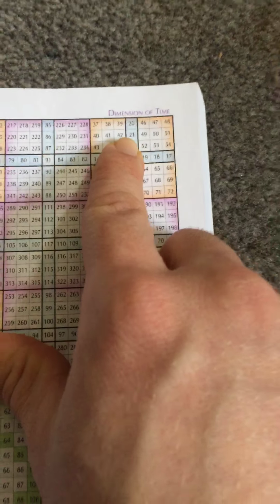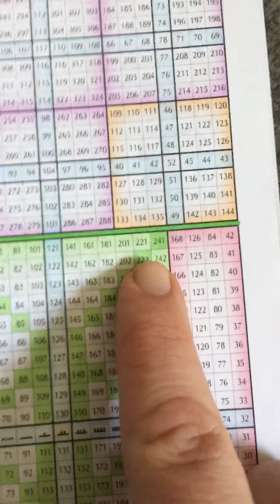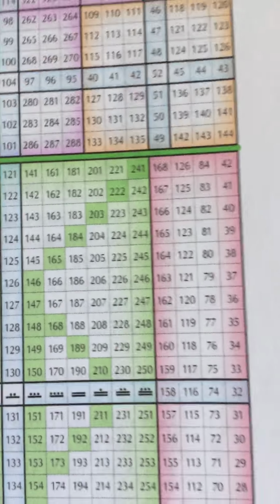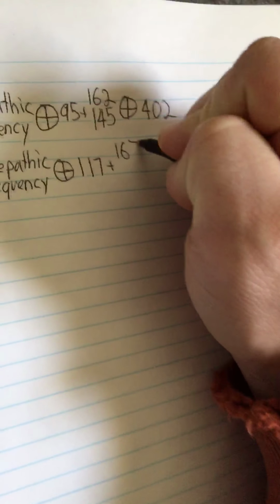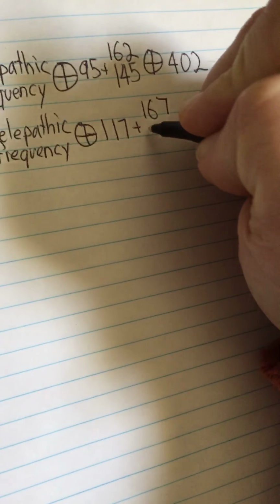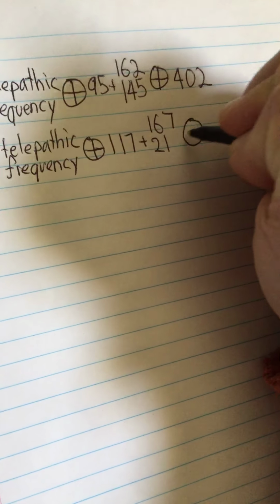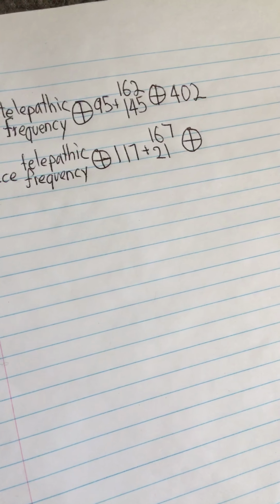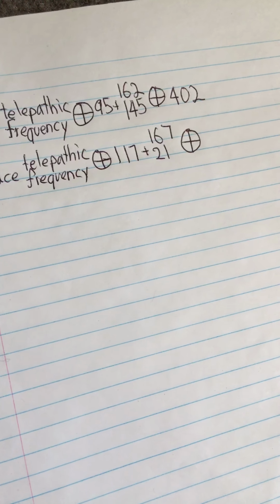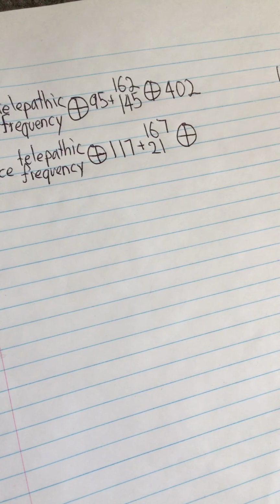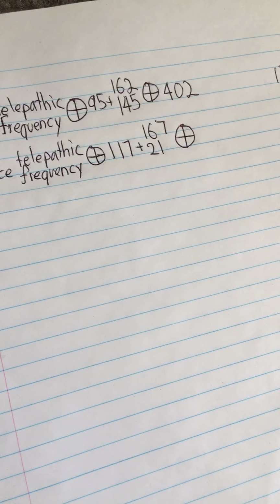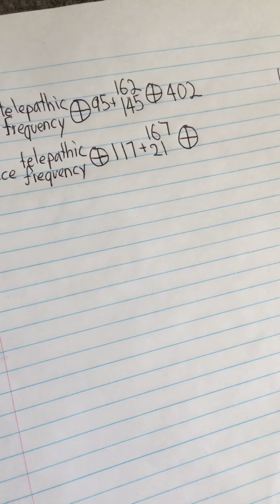So we got 117 plus 21, 138, plus 167. So 305.